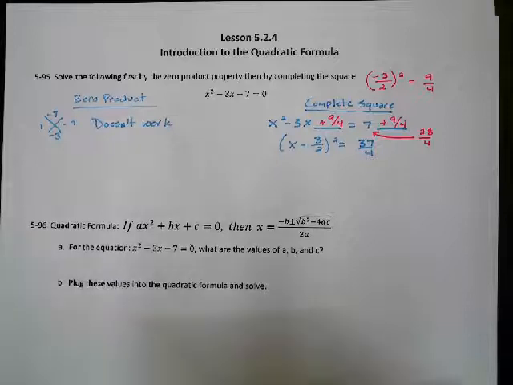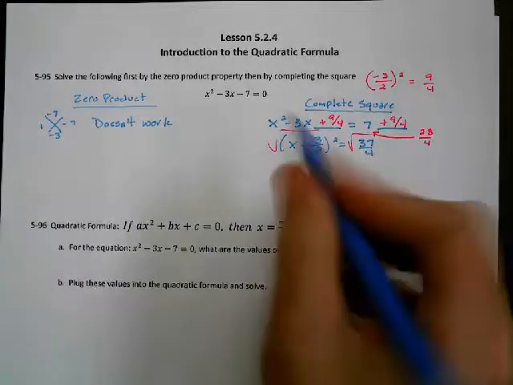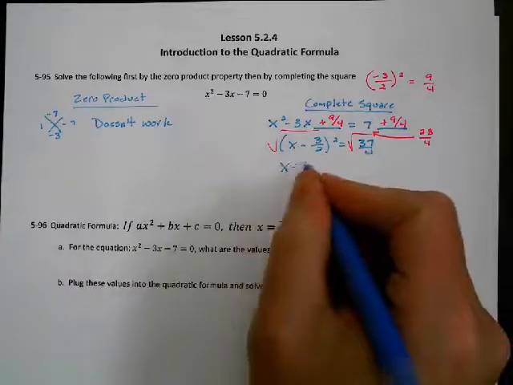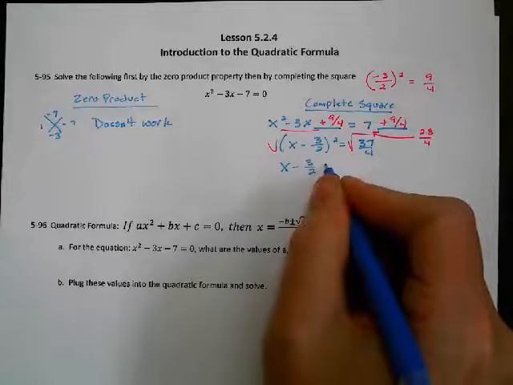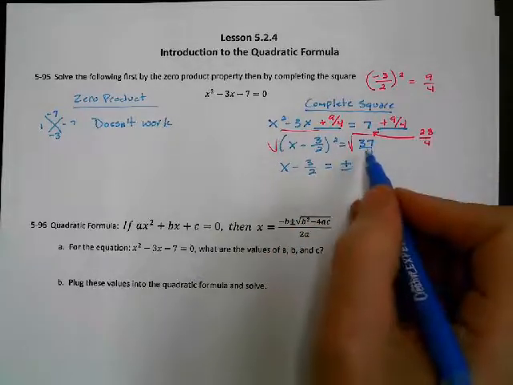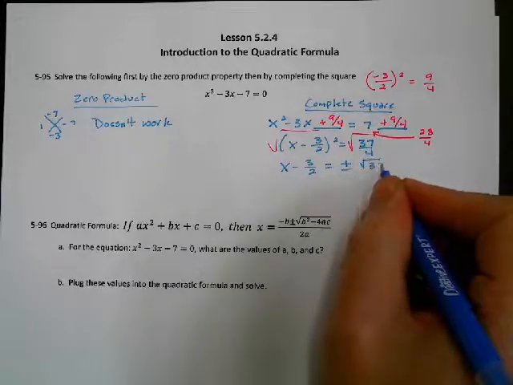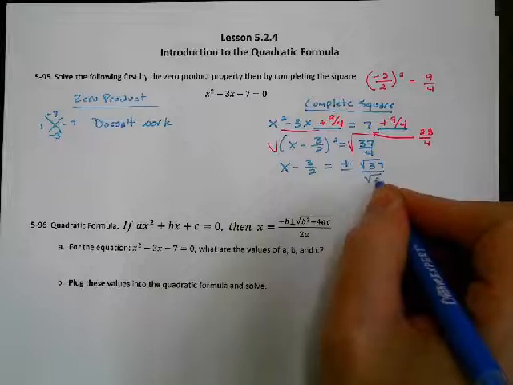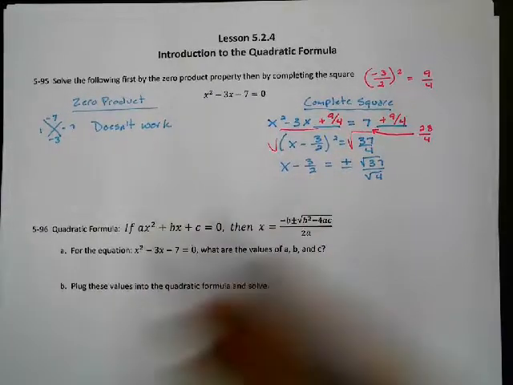Now I'll take the square root of both sides. So I get x minus 3/2 equals plus or minus. Now the square root of 37 over 4 is the square root of 37 over the square root of 4. So I'm going to add 3/2 to both sides.